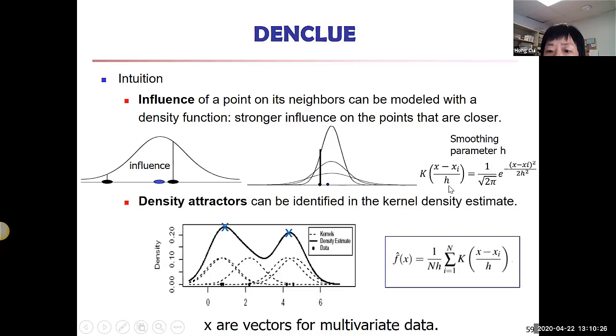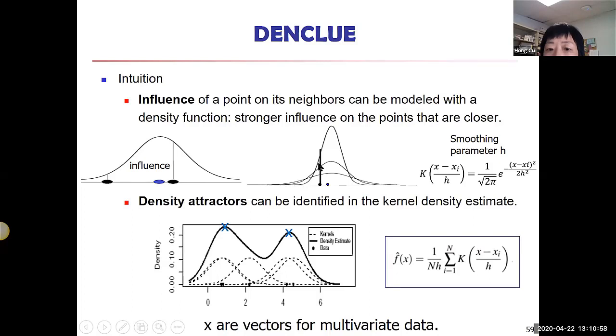And here, we're not just using the Gaussian kernel, we also use the smoothing parameter h. In the formula, you can see the location of h is here. This corresponds to the location of sigma in the Gaussian. So h can adjust the kernel to determine how smooth this curve is going to be.